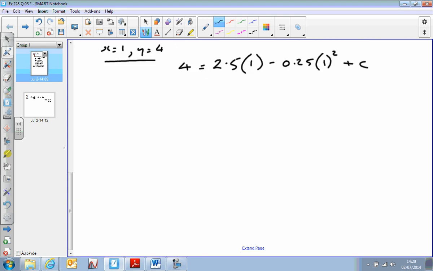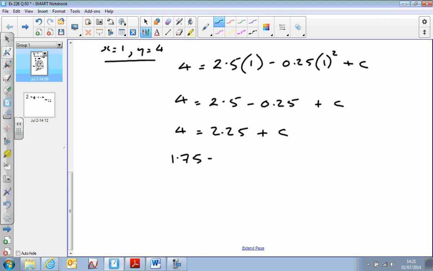So now it's just straight algebra. 4 equals 2.5 minus 0.25 plus c. 2.5 minus 0.25 is 2.25. And then subtracting 2.25 from both sides, I get 1.75 equals c. So c equals 1.75.